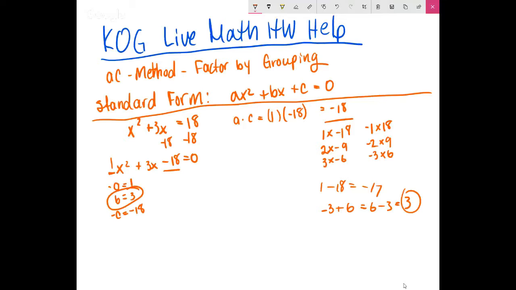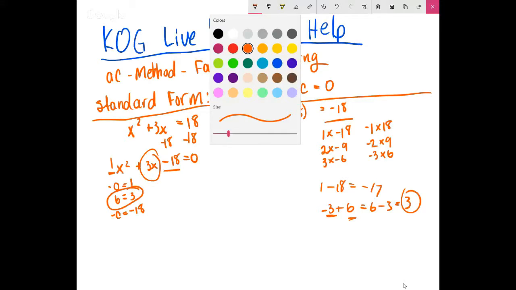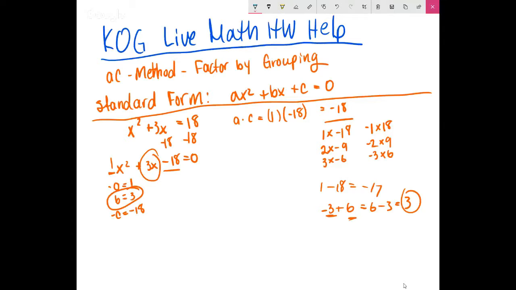Okay, now we have to rewrite the middle term using these two numbers. I'm going to show you how to do it. Let me get another color. Okay, so we have x squared plus 3x minus 18. All right, we're going to rewrite the middle using negative 3 and 6. This is the AC method, or the factor by grouping.